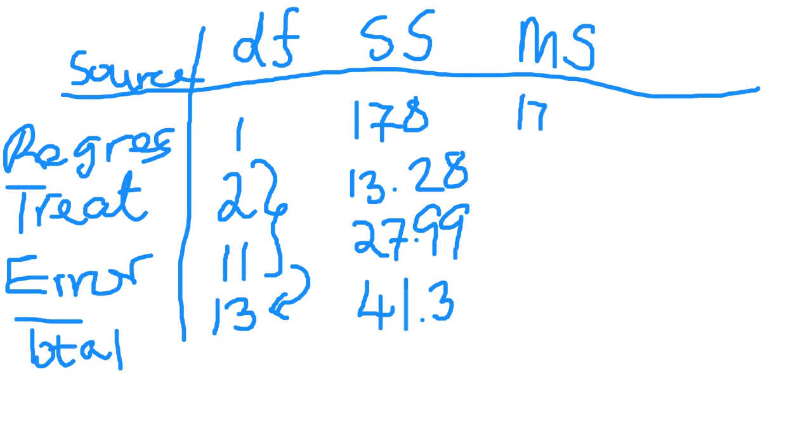This will still be the same 178. So 13.28 divided by 2 will get 6.64, thank you. This one is 2 point what? 27.99 divided by 11 is what? 2.54. 2.54. Thank you. And then we don't need this one.